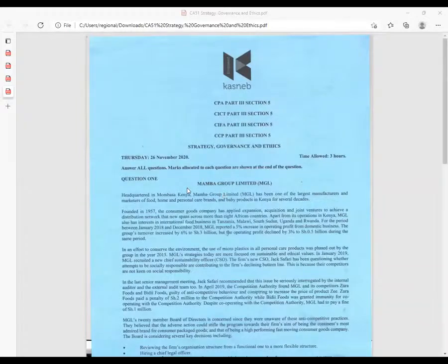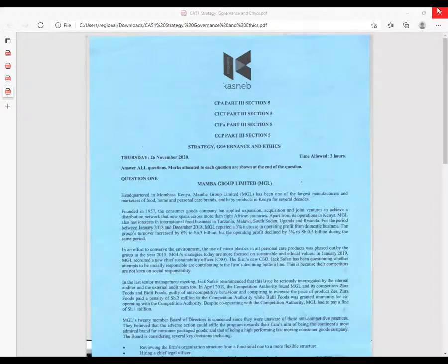Mamba Group. Headquartered in Mombasa, Kenya, Mamba has been one of the largest manufacturers and marketers of food, home and personal care brands, and baby products in Kenya for several decades. So I'm able to see their main products. Founded in 1957, when I was born, the consumer goods company has applied expansion, acquisition, and joint ventures to achieve a distribution network that now spans more than 8 African countries.